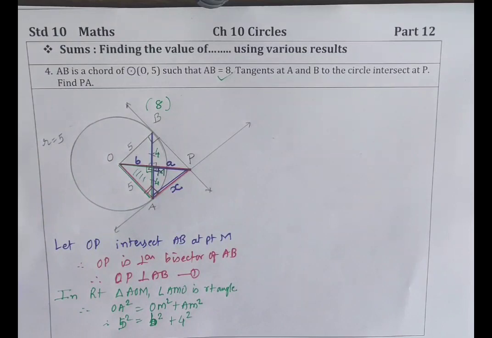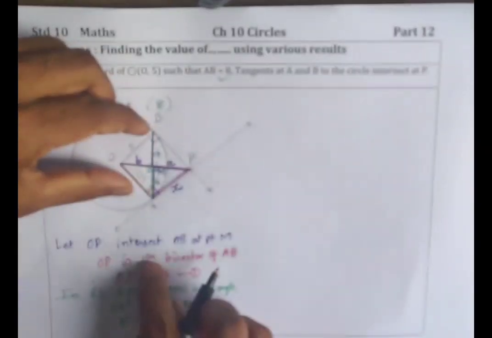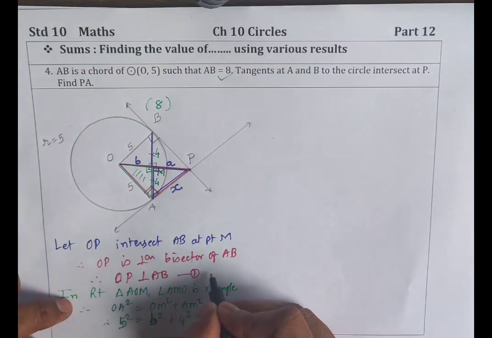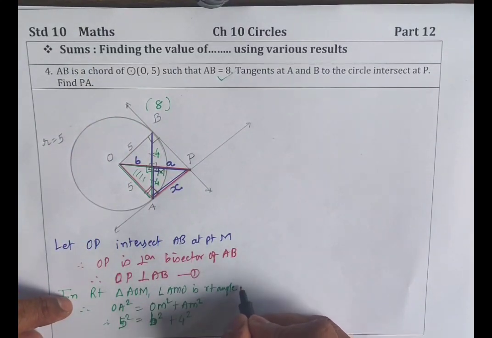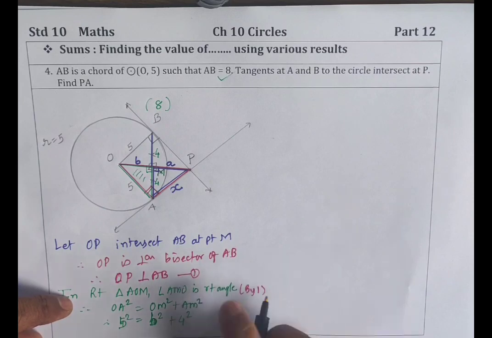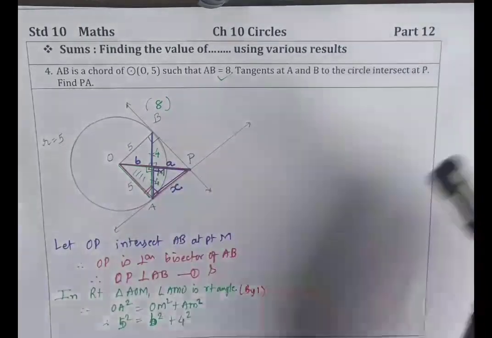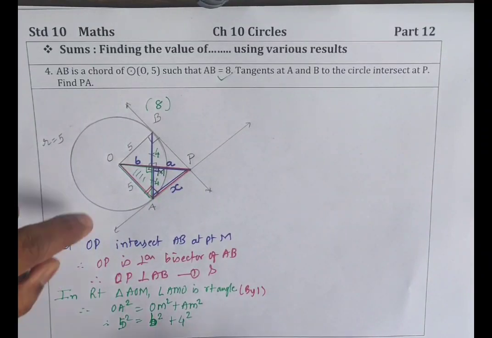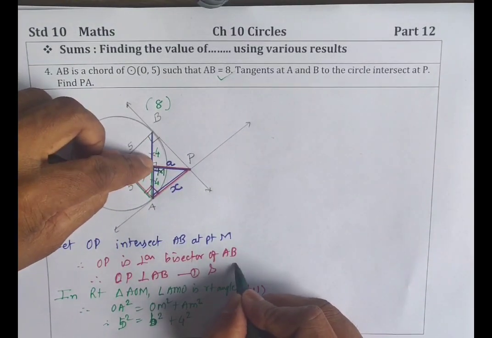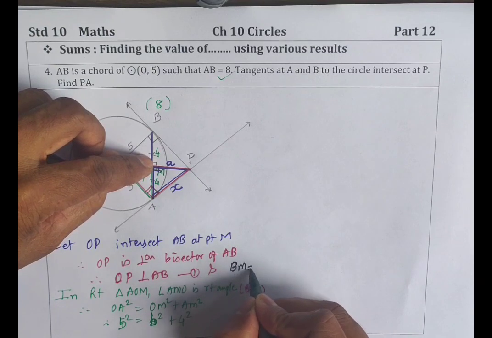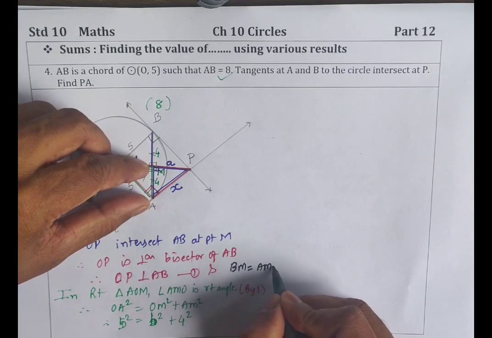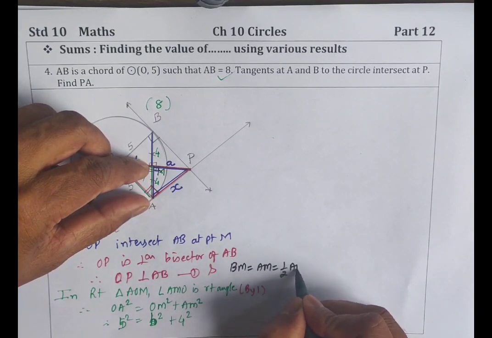But from where did you get AM? That we'll have to write first. So let me write first here. OP is bisector. This is result 1. Okay. By 1, this is right angle. And I'm writing result 2 also. BM equal to AM equal to half of AB.